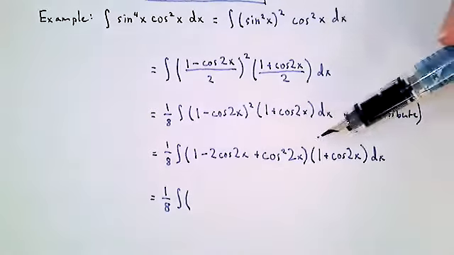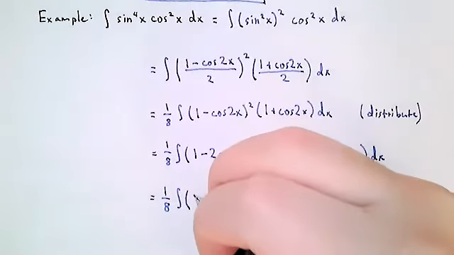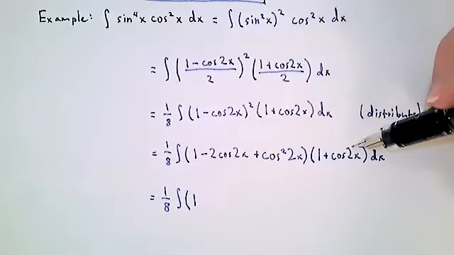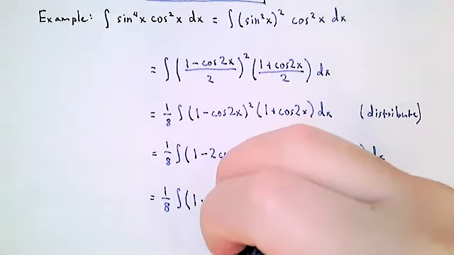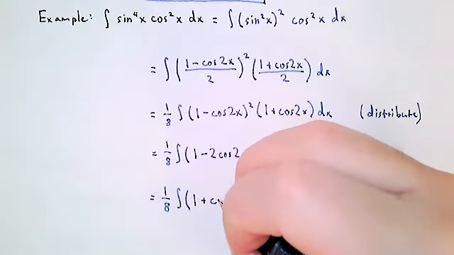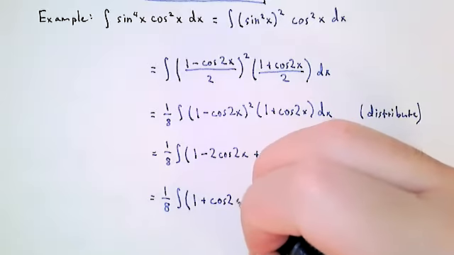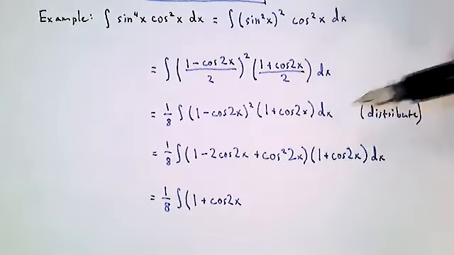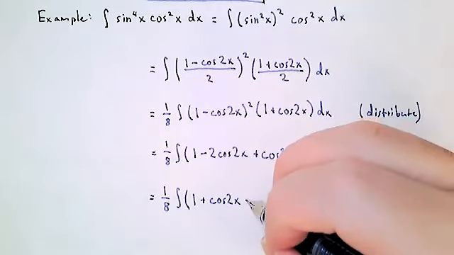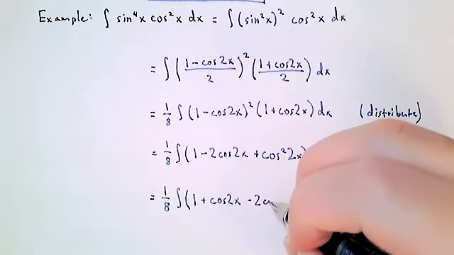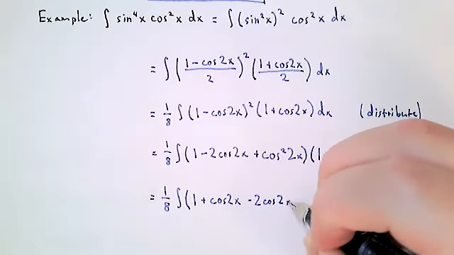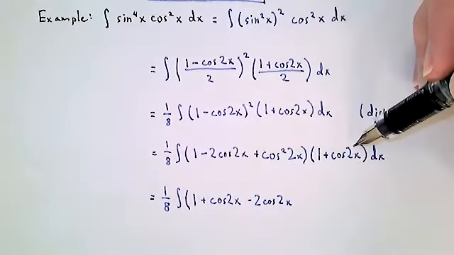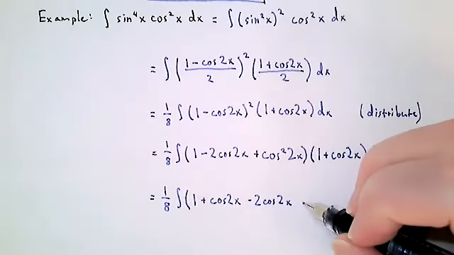So you need a 1 times 1 plus 1 times cosine of 2x. And then minus 2 cosine of 2x gets multiplied by 1. And then it gets multiplied by cosine of 2x.